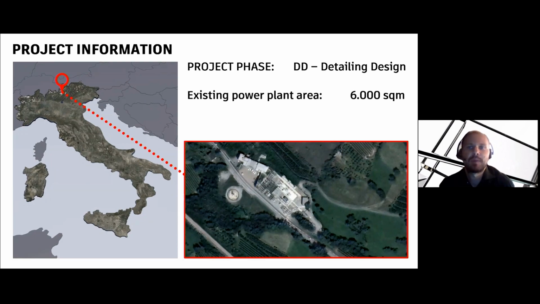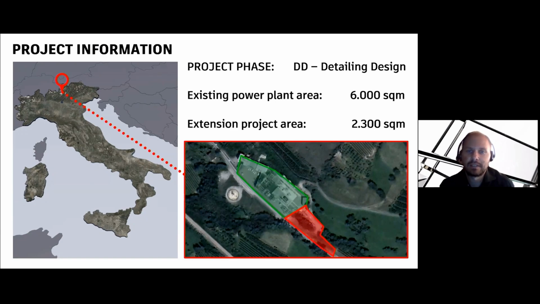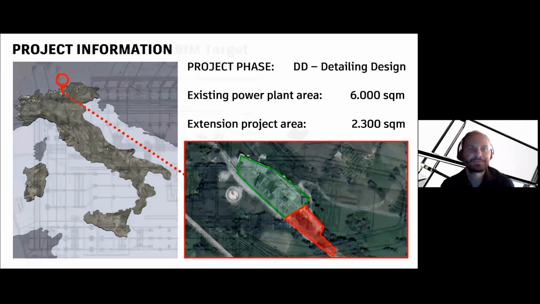The existing power plant area is about 6,000 square meters, and the extension project area is about 2,300 square meters. Here on the site plan, we can see on the left in green the existing area, and in red the extension for the installation of the 3 new electrical equipment.